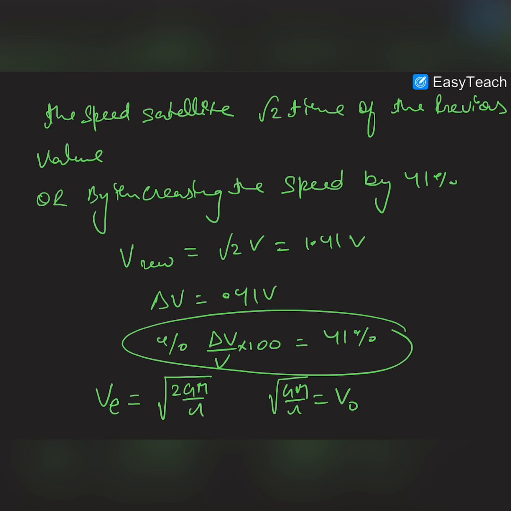Or we can say that to make the satellite escape from the orbit, we need to double its kinetic energy. So this is the energy of satellite in a circular orbit.